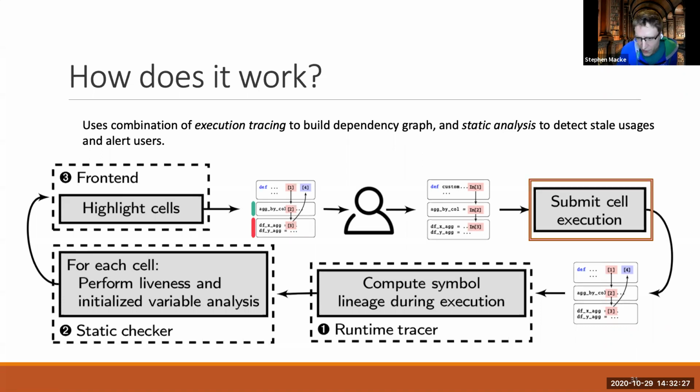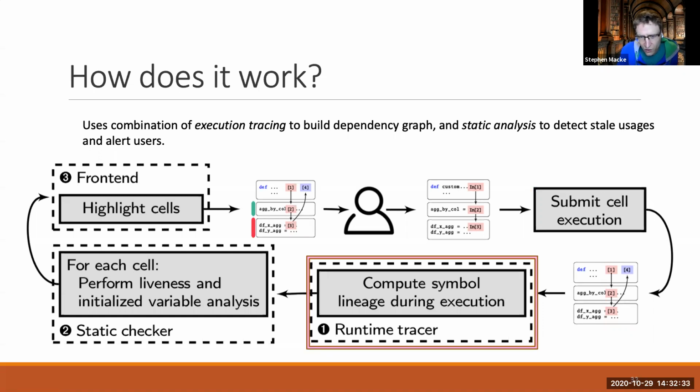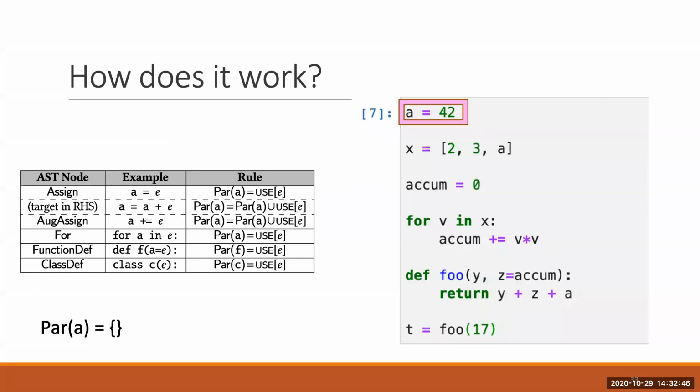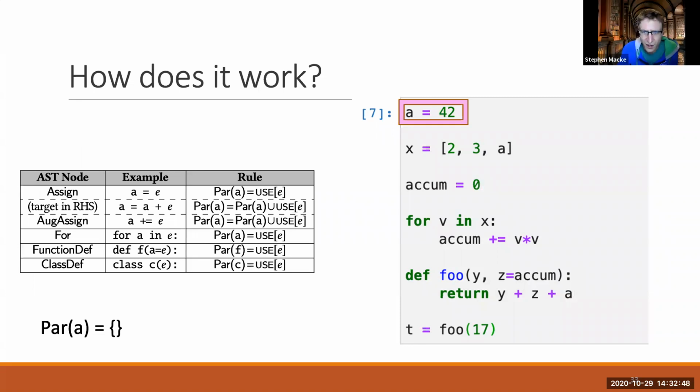Let's say the first step, user submits a cell for execution. NBSafety will instrument the cell as it executes and compute symbol data flow or lineage. So what does that mean? Well, here's what that looks like if we were to run the cell on the right. First, we define a variable a, and you can see on the right-hand side a has a constant.